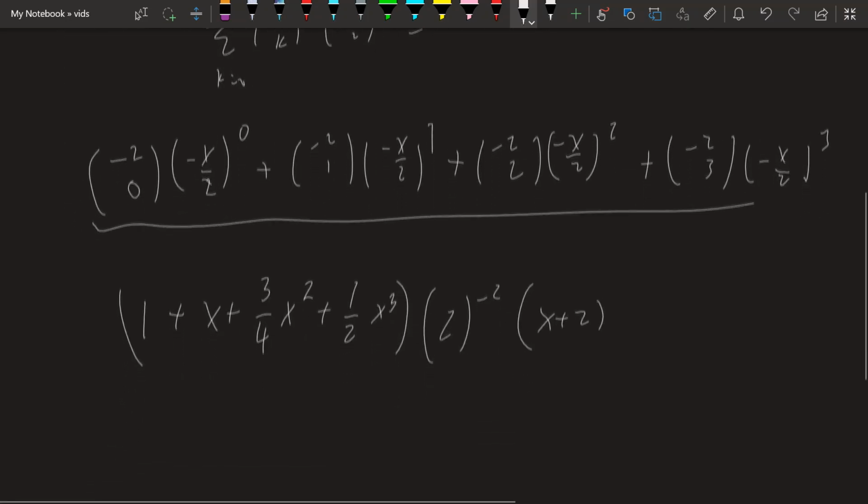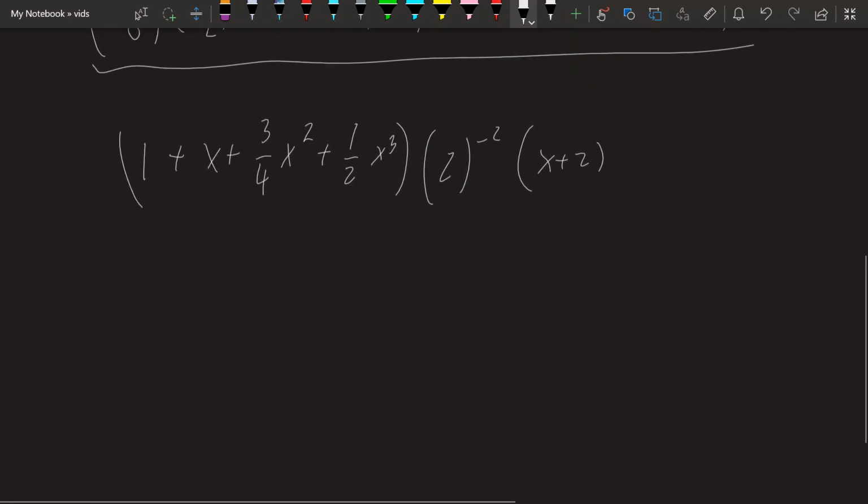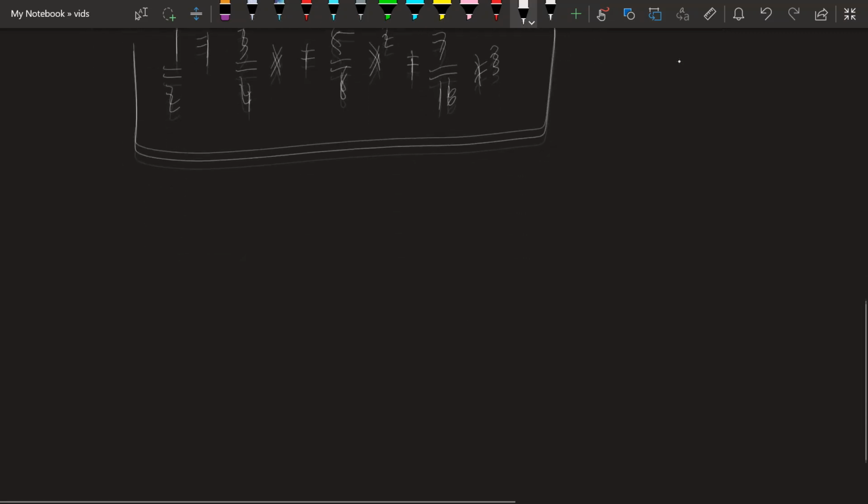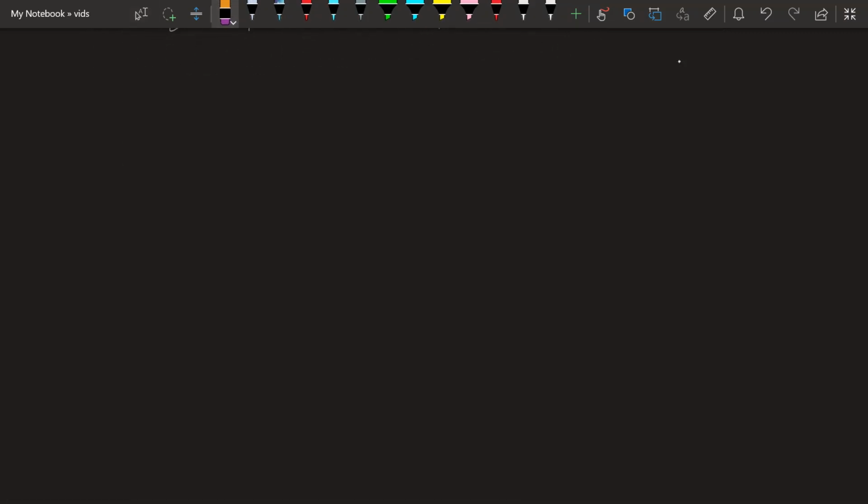Yeah. So now let's simplify all of this. We're going to get 1 over 2 plus 3 over 4 x plus 5 over 8 x squared plus 7 over 16 x cubed. And there we go. That is your answer for part A, but it's actually number 1.